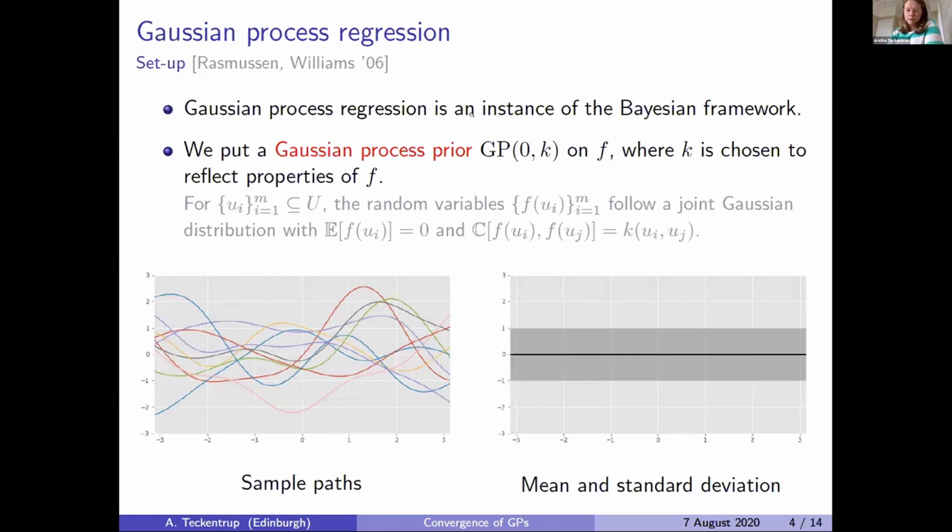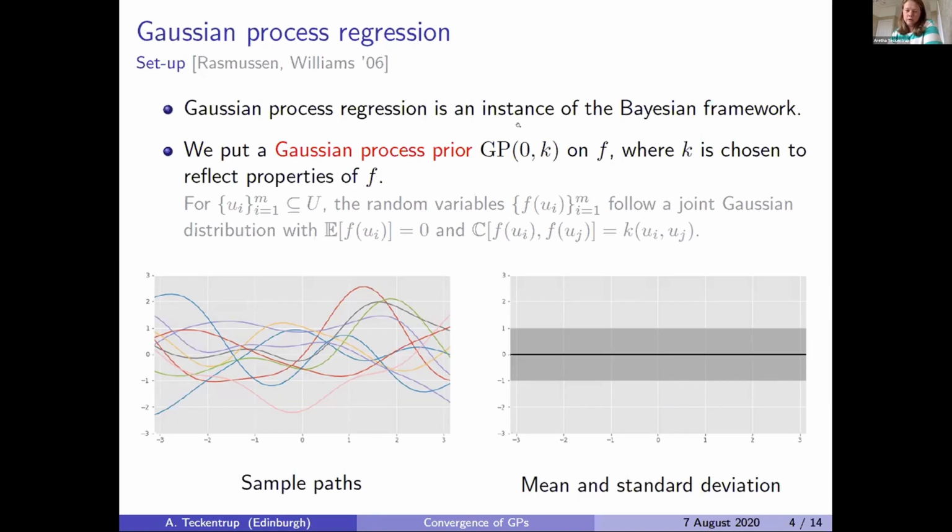As I said, the distribution that you choose here is a Gaussian process. If you're not that familiar with Gaussian processes, I've given you the definition here. Putting a Gaussian process prior on f means that under this prior, the function f evaluated at any point u_i in your domain is a Gaussian random variable. So in particular, this vector here follows a multivariate joint Gaussian distribution.